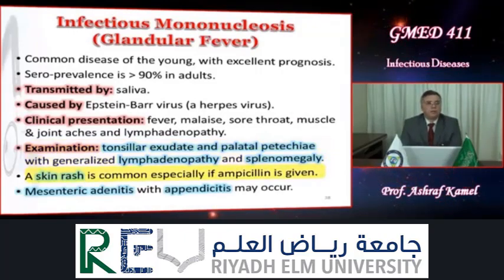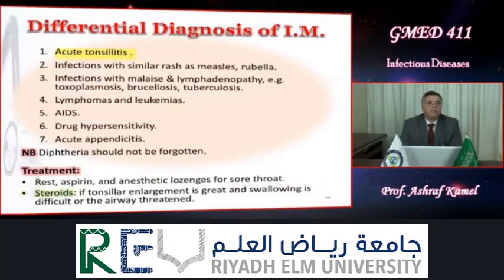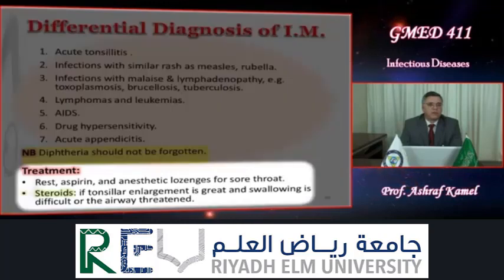A skin rash is common, especially if ampicillin is given. Mesenteric adenitis with appendicitis also may occur. The differential diagnosis of infectious mononucleosis includes acute tonsillitis, infections with similar rash as measles, rubella, infections with malaise, lymphadenopathy like toxoplasmosis, brucellosis, tuberculosis, lymphomas and leukemias, AIDS, drug hypersensitivity, acute appendicitis, and diphtheria.